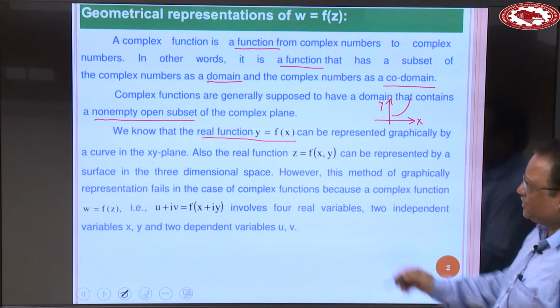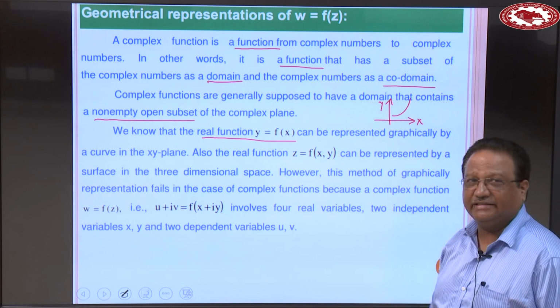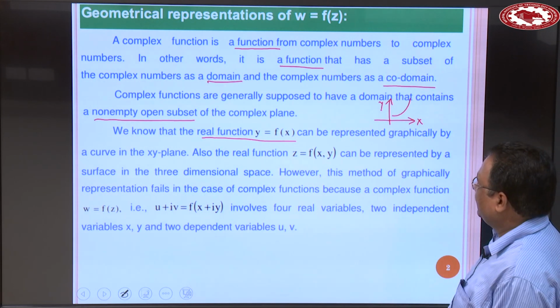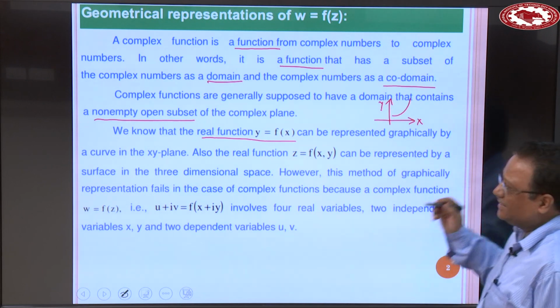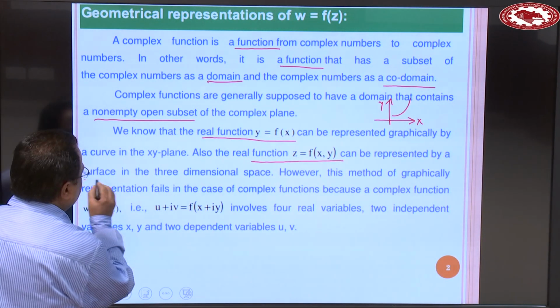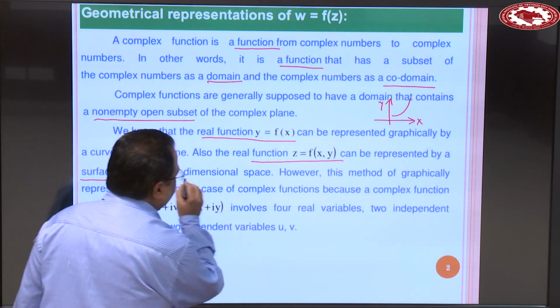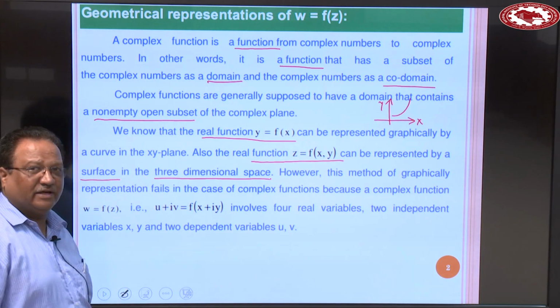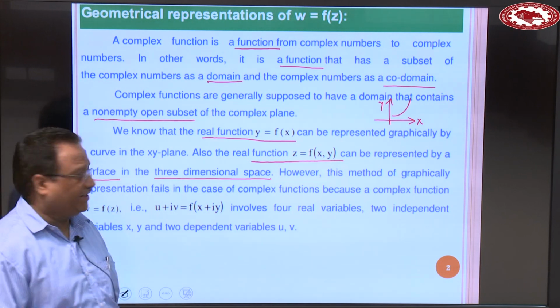Also, the real function z = f(x, y) can be represented by a surface. This type of function represents a surface in 3-dimensional space. These are things we know already.